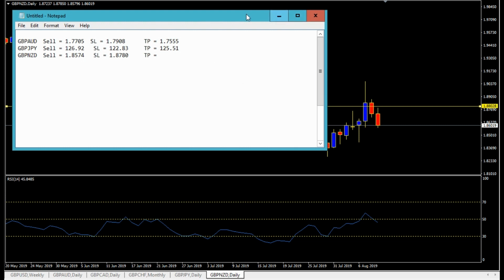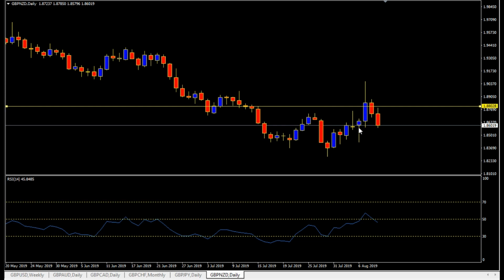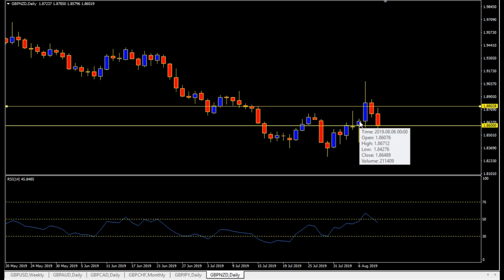Okay, now our last low is this one, right? So we will take 5 pips above it. This one is our entry, and the low of this one was 1.8427.